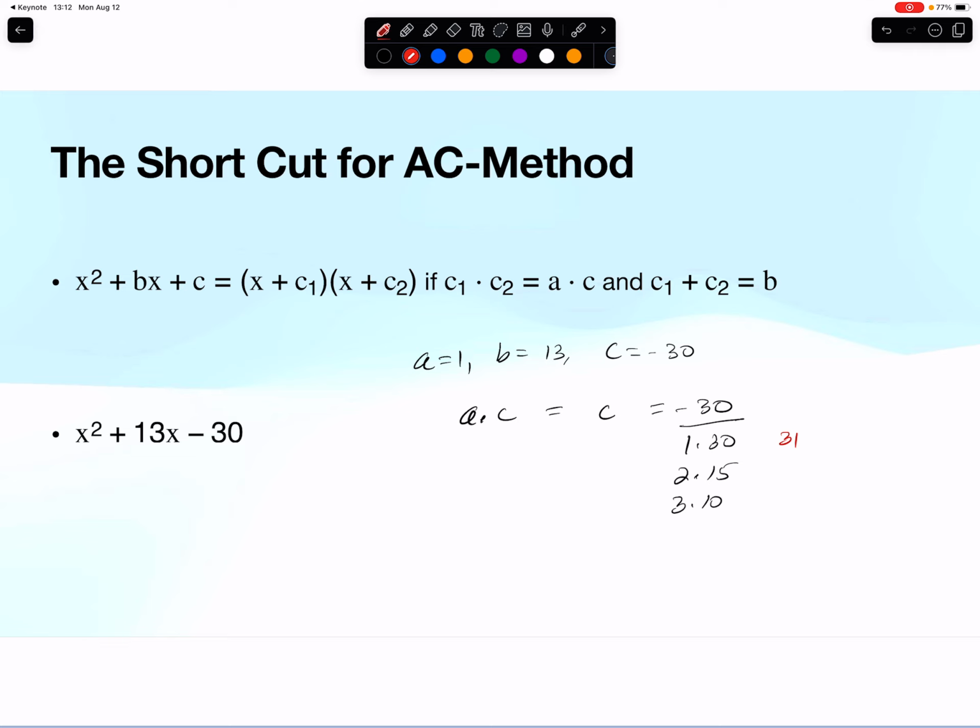Sums, 31, and difference, 29, sum, 17, difference, 13, sum, 13, difference, 7, okay? And so there's some possibilities of what we can have here. So we got 13 in both the 2 and the 15 and the 3 and the 10. So there's a little bit of guess and check here.